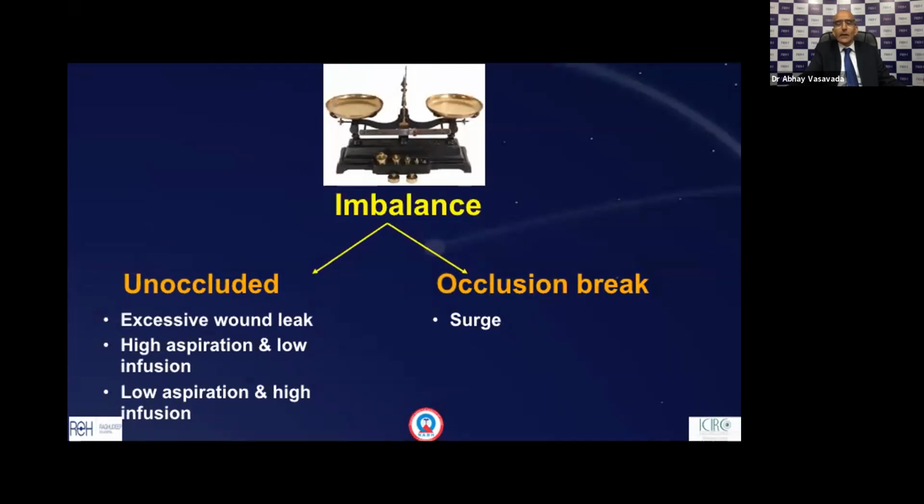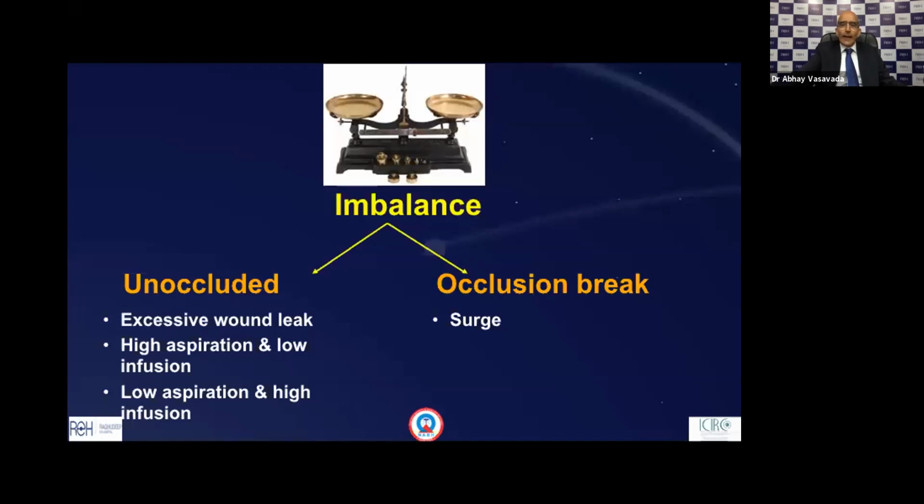But the key of the lens removal process is balancing the fluid going in and the fluid going out. Input is by the bottle height with the conventional machine, and in newer generation machines like Centurion, the bottle is not given a height, but the fluid is pumped in by the pressure plate. So whatever the mechanism, the fluid going in has to be balanced with the fluid going out.